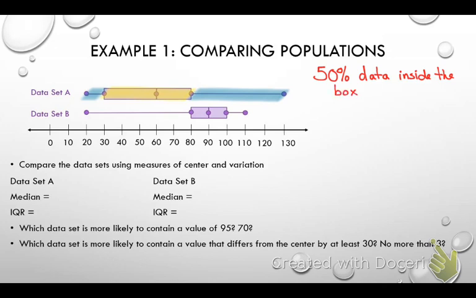Now, in total, on both sides of the box, the other 50%, or about a quarter, 25%, is on either side of the data box. Whiskers. Data is in the whiskers. All right, and that's important. You'll see as we get into some of these questions where that would be important.